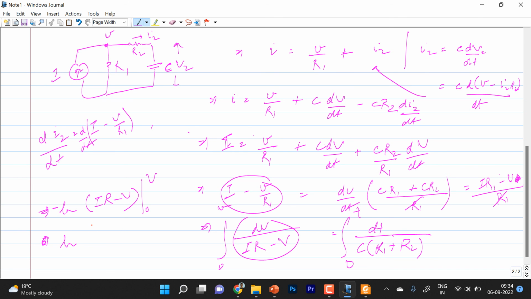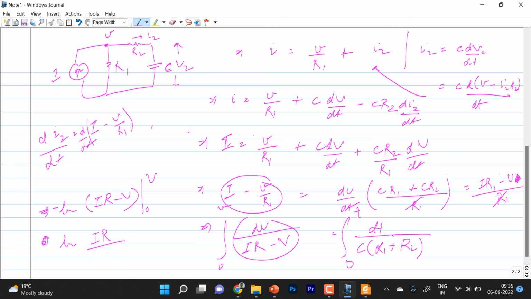it will become ln. First the negative will swap the limit, so it will become ln IR over, or you can keep the negative sign outside, because I have something in mind which will come in the future.